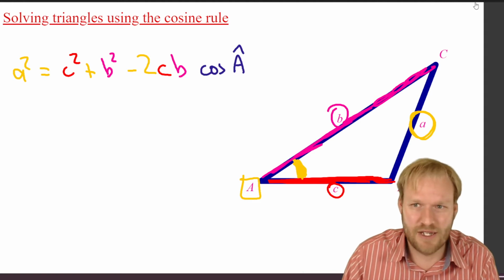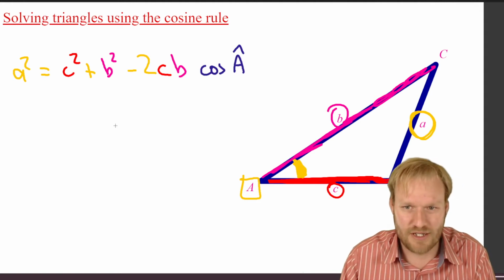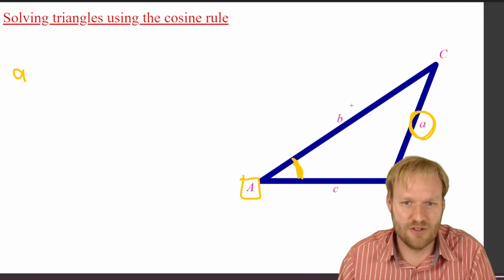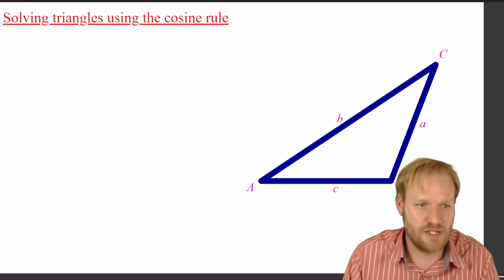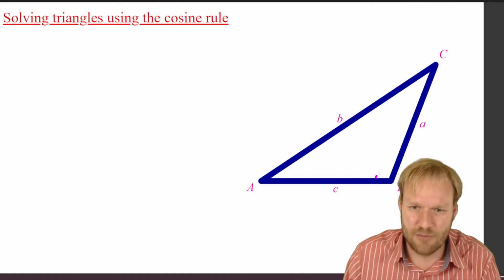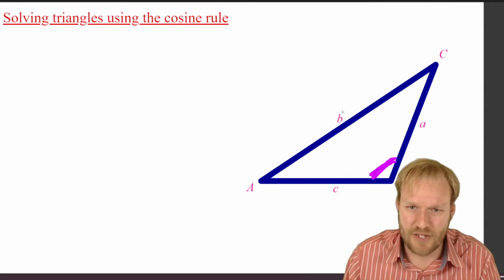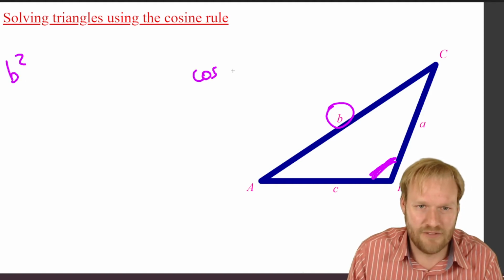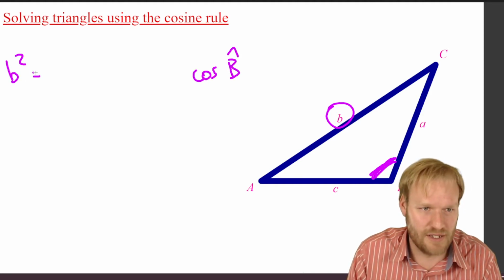So let's rewind and say, what happens if the original angle and side we're interested in were this side here at B? That means we're looking at B squared, and we're going to have cos B right at the end.